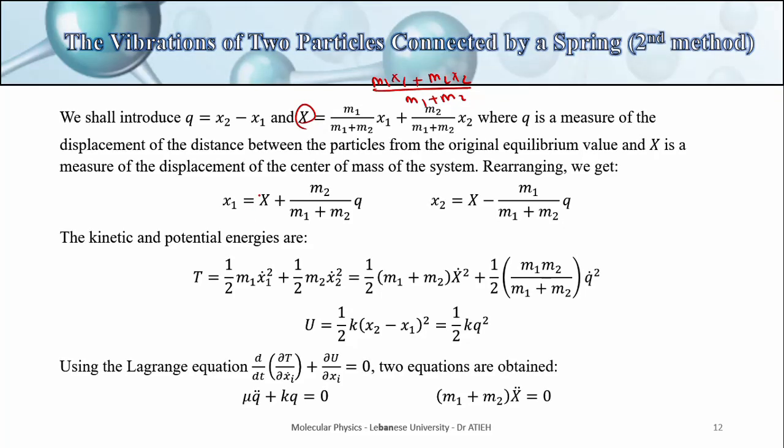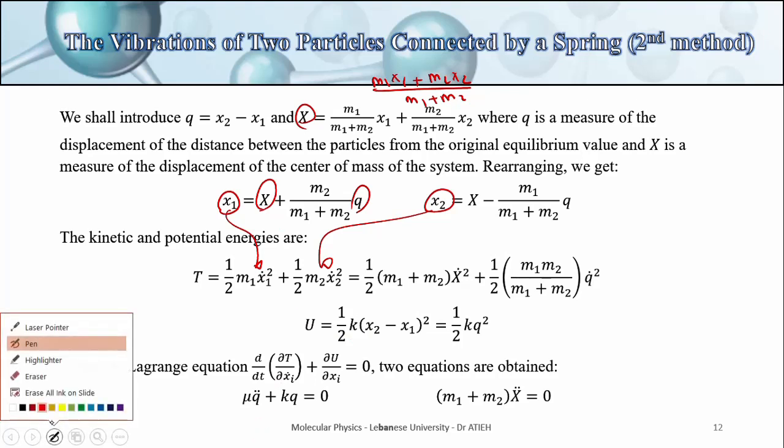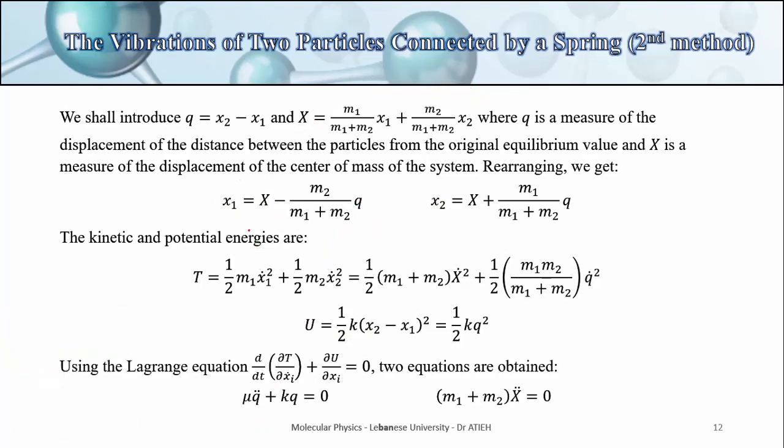So first we are going to write x1 and x2 in terms of capital X and Q so that we are able to insert x1 and x2 in the equations of kinetic energy and potential energy. To find the first equation, let's write x2 equals, using this equation, q plus x1.